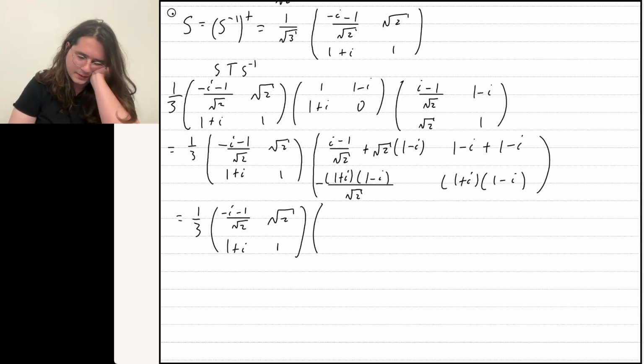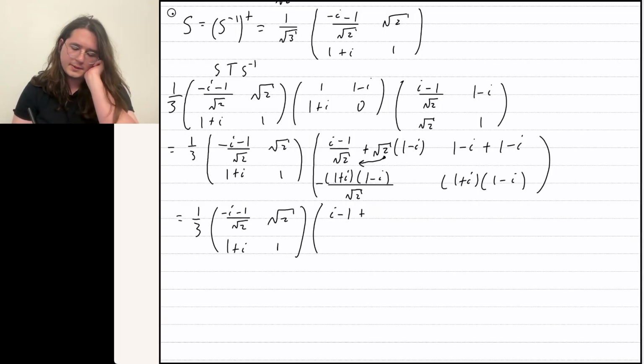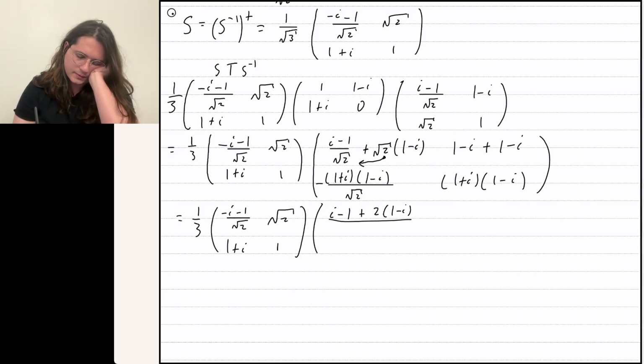But it looks like, since we know that root 2 is equal to 2 over root 2, we can actually put this term in the same fraction as this guy. So we've got I minus 1 plus, and then I'm going to have it be multiplied by 2, I guess, I minus 1 over root 2. So that's what we'll do up there.